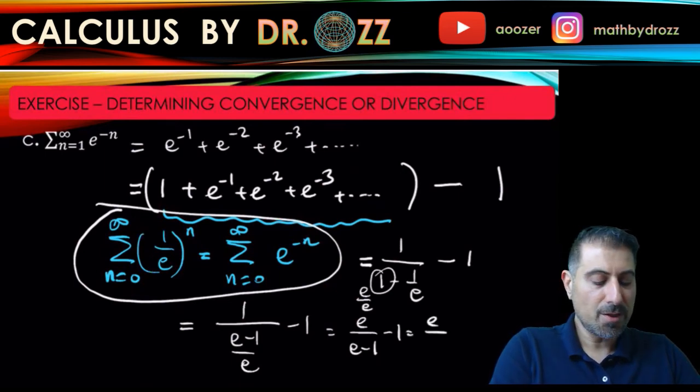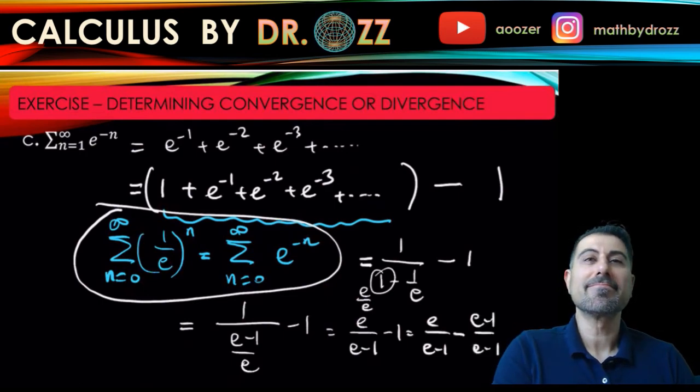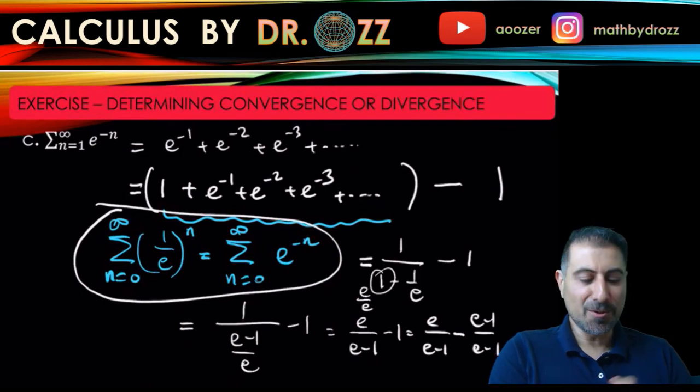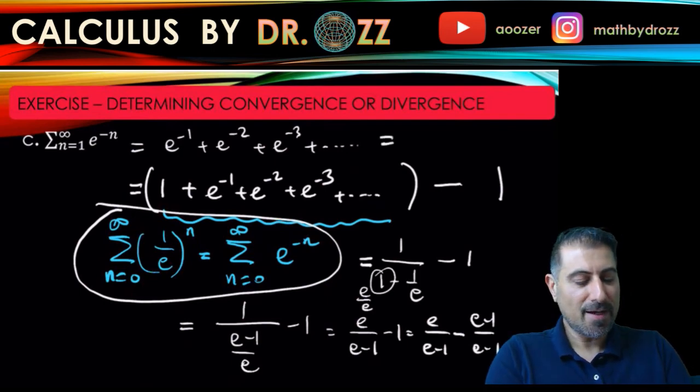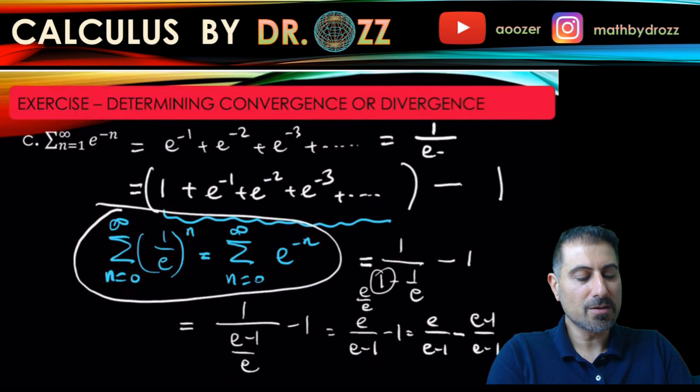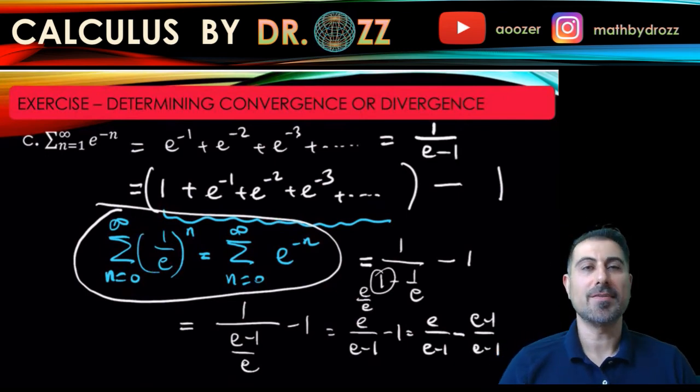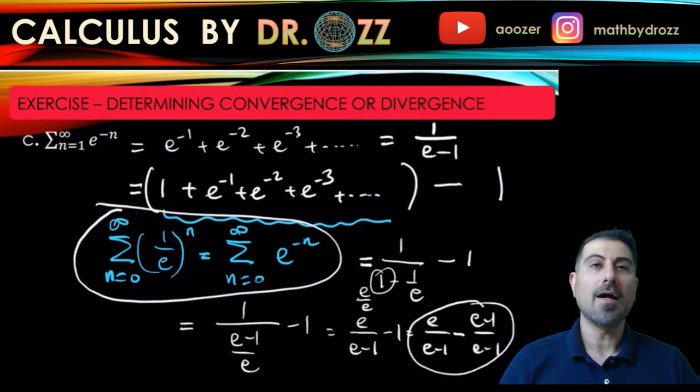Then this is equal to e over e minus 1 minus e minus 1 over e minus 1. That takes you all the way to 1 over e minus 1. We can just simplify this to get 1 over e minus 1.